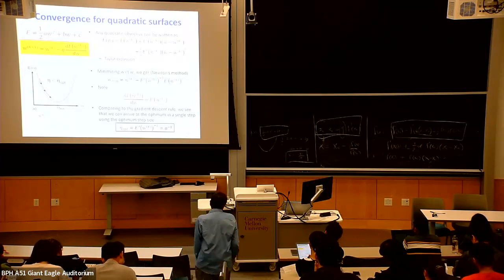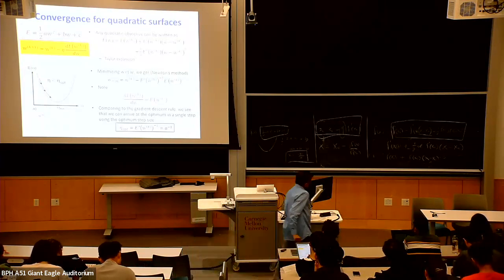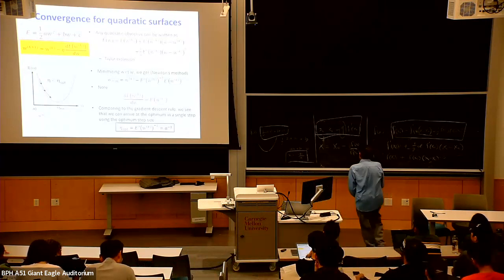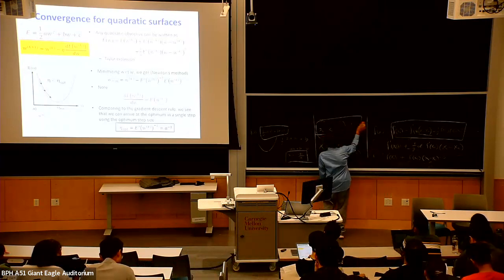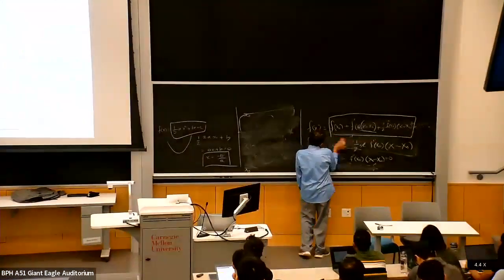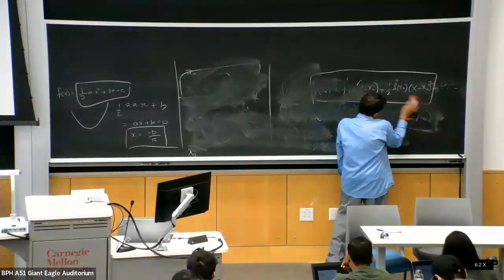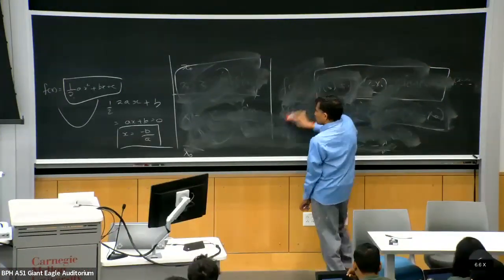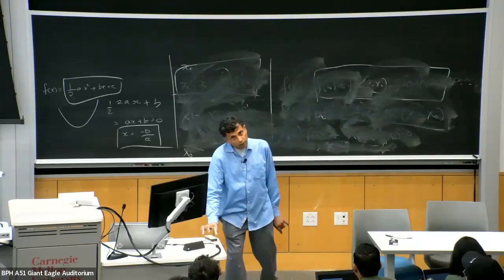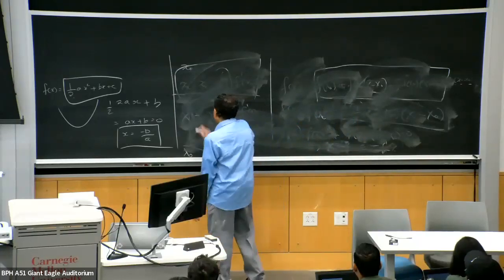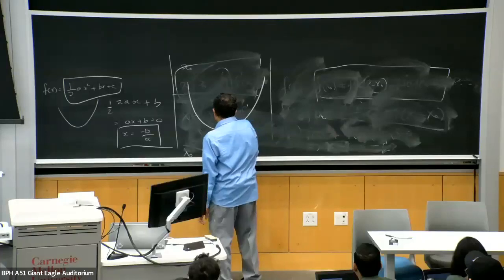So here's the gradient descent property. I have my bowl. This is my optimum.